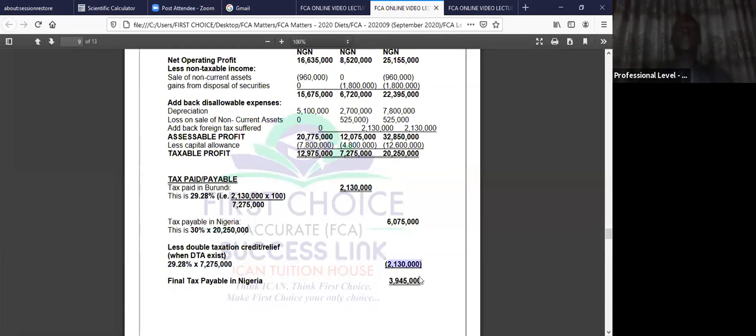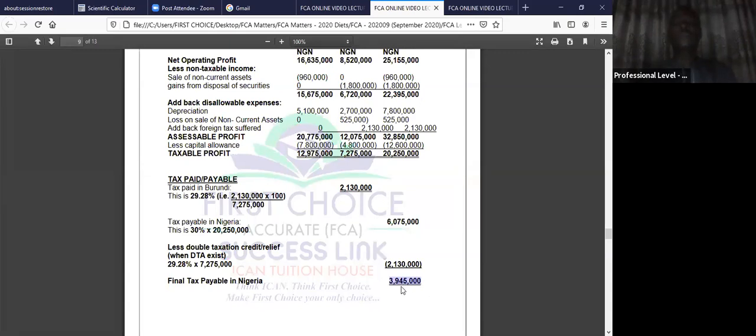So all in all, whenever there is a double taxation agreement, you find out that the company gets relieved of the smaller tax. The company gets relieved of the smaller tax. And so this is the final tax that is payable in Nigeria.